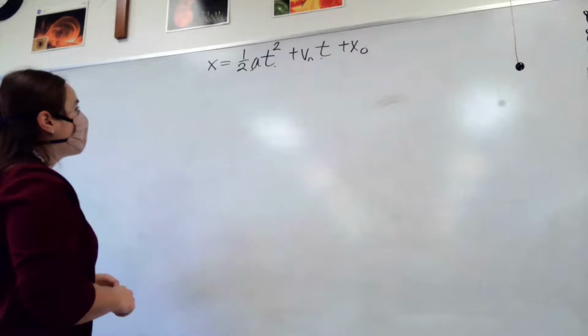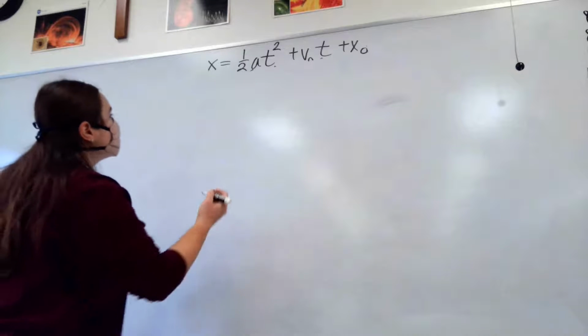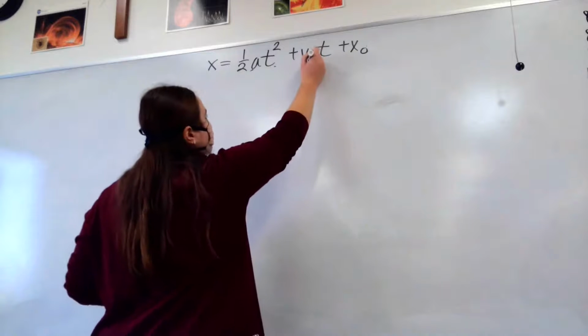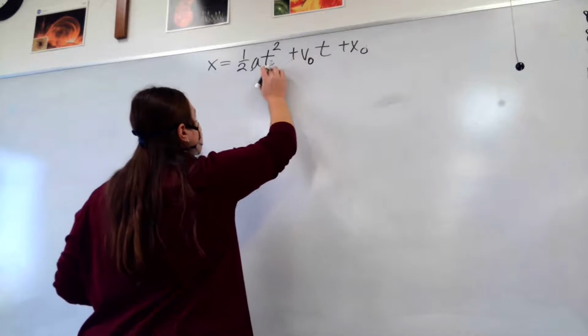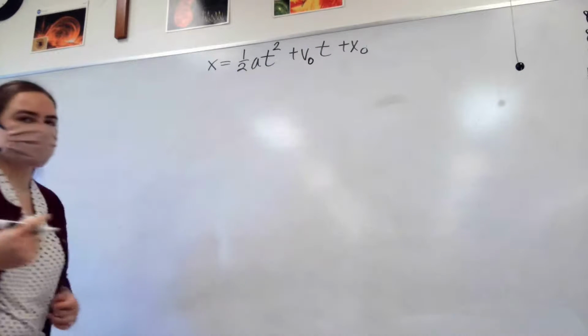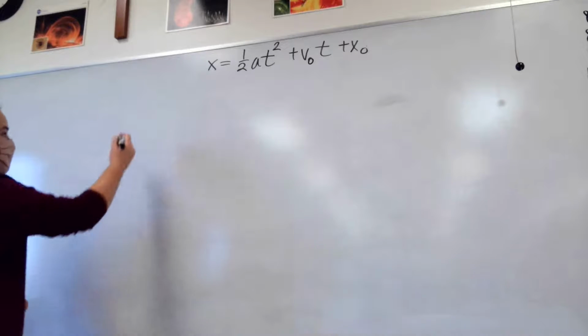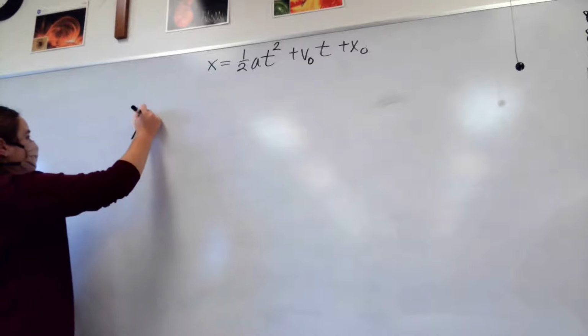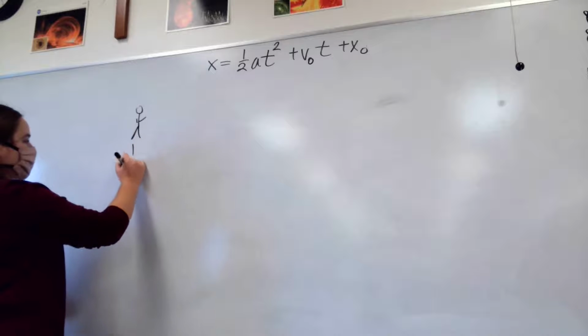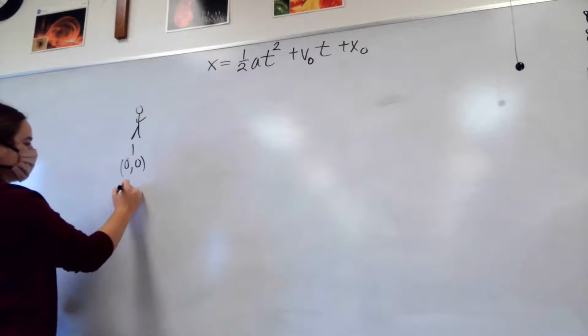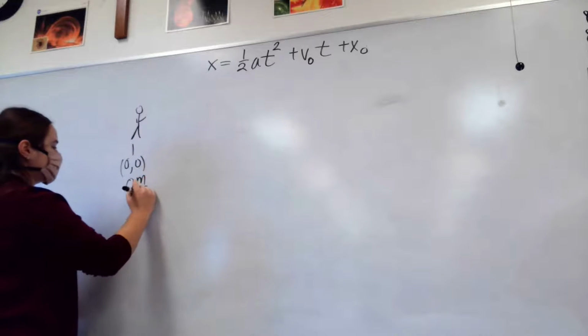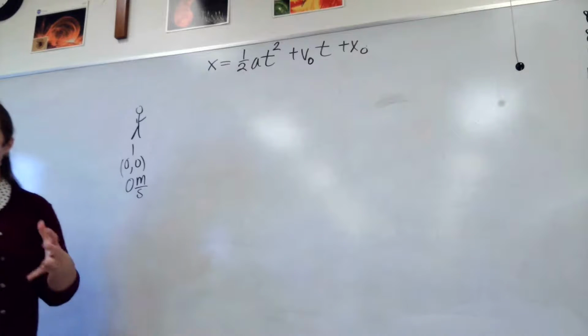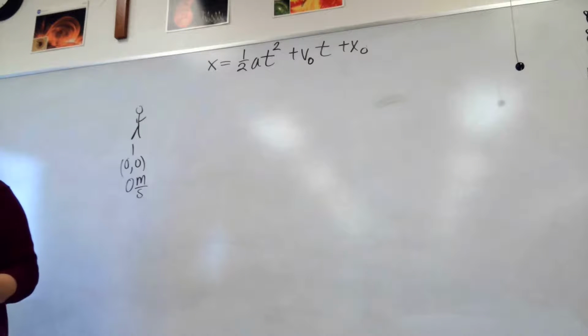All right. So let's say we have a person starting a race. They are going to start at a position of 0 and an initial velocity of 0 meters per second. So they're at the starting line. They're going to start this race.